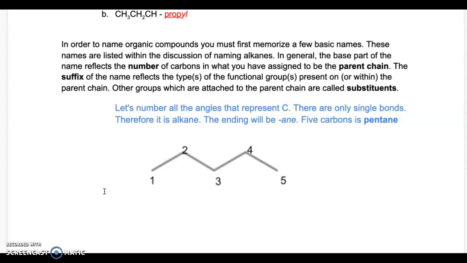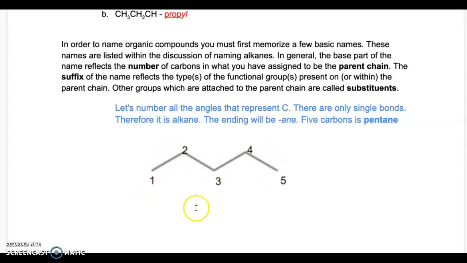The pages that I posted for you for IUPAC naming will be very helpful for all of the different types of organic compounds. So let's start with a very easy one. You're given a skeletal structure and you are asked to name this structure. Over here I already numbered all of the carbons.